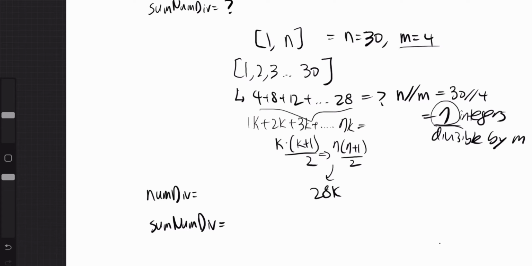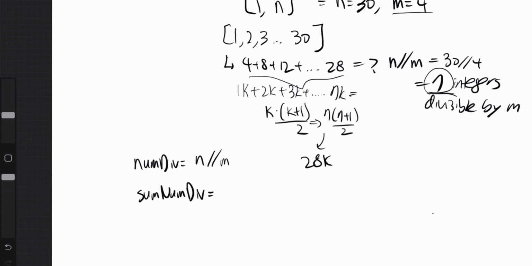The number divisible by m is going to be n integer division m, and it's going to be equal to num_div times num_div plus 1 over 2, because that's how you get the sum.